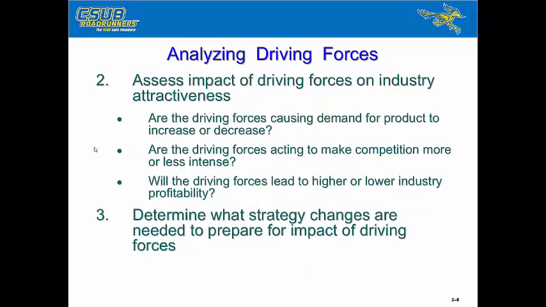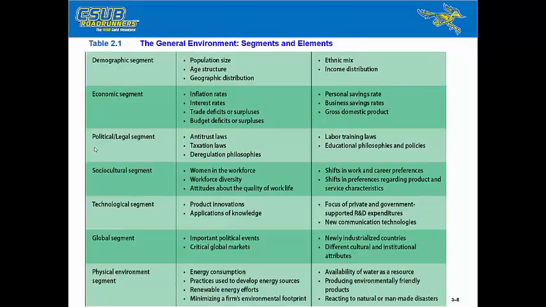A couple examples of each of these: demographic factors are things like population size, income distribution. Economic factors are things like inflation rate or budget deficits and surpluses at the macroeconomic level of societies. Political and legal issues could be antitrust laws, could be labor laws of one kind or another.